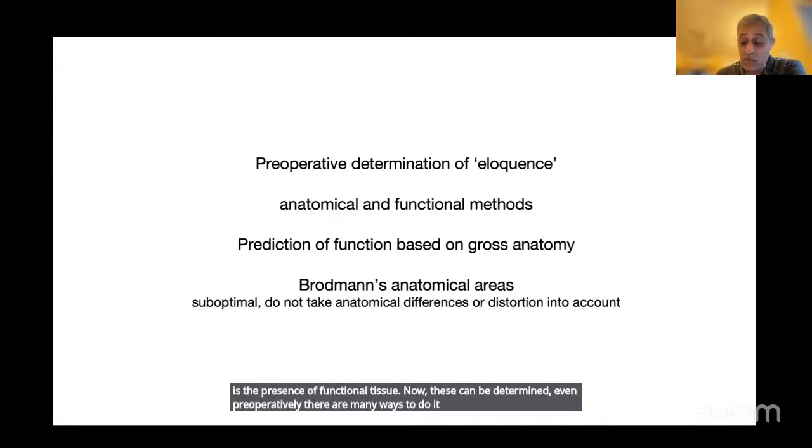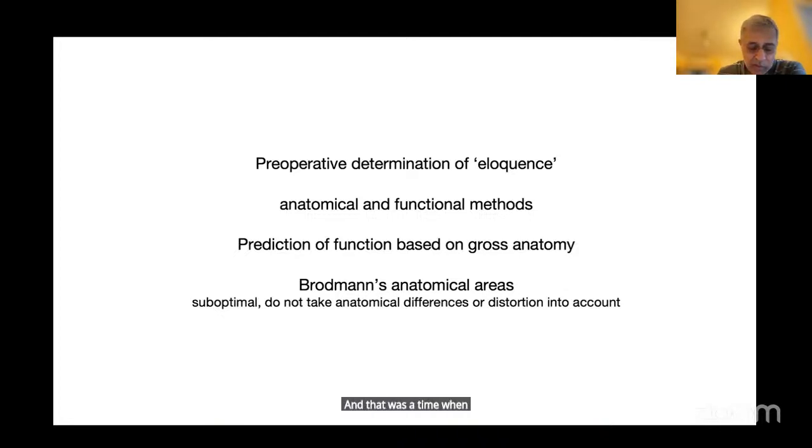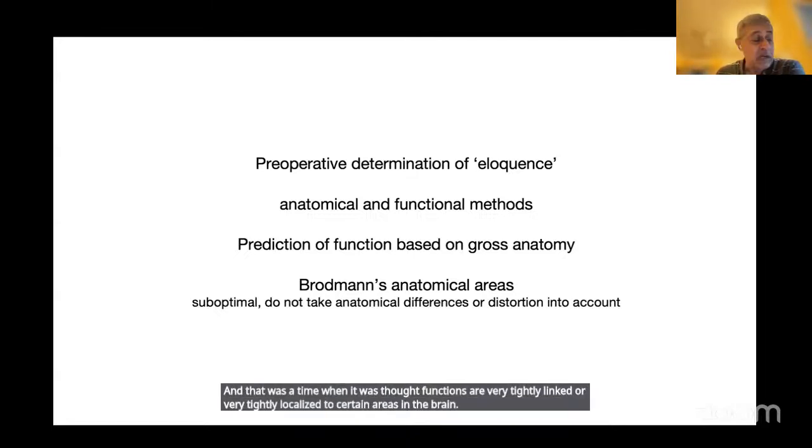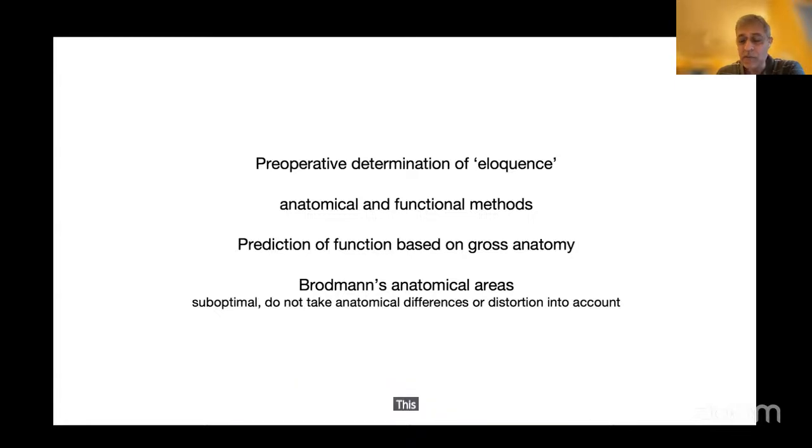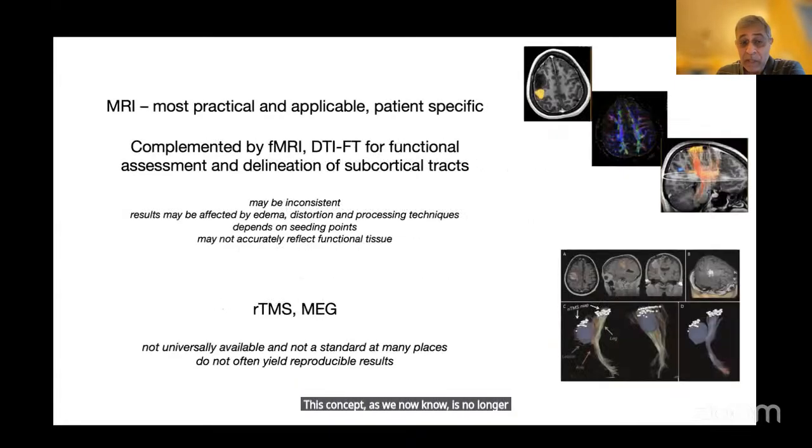One of the earliest ways was by using Brodmann's anatomical areas, which tried to define these anatomical areas. And that was a time when it was thought that functions are very tightly localized to certain areas in the brain. This concept, as we now know, is no longer valid. Imaging and various imaging modalities help us to identify or to predict where functional areas might be.